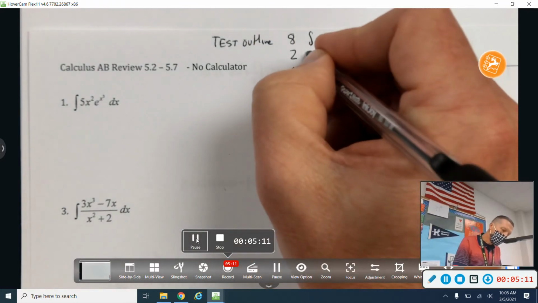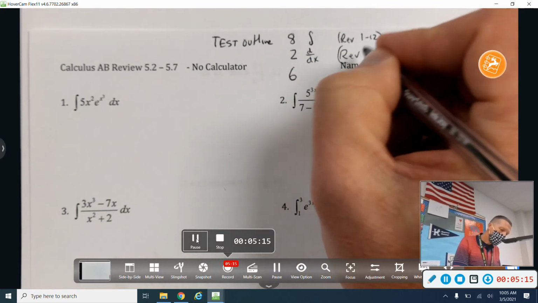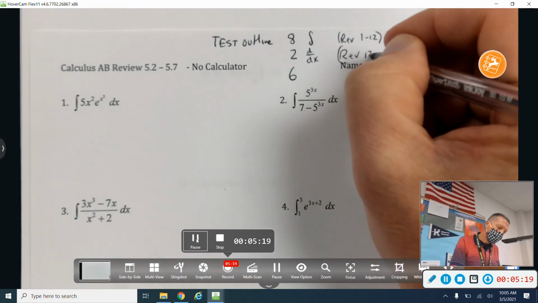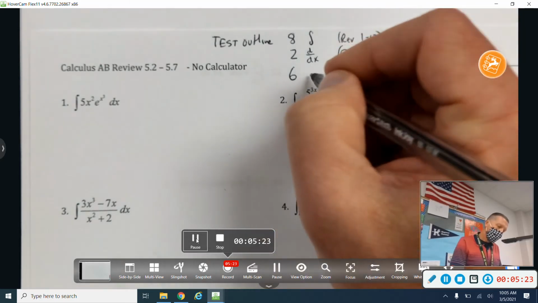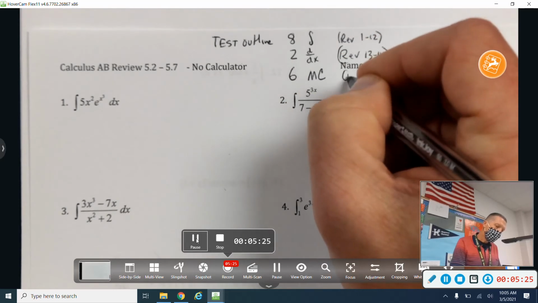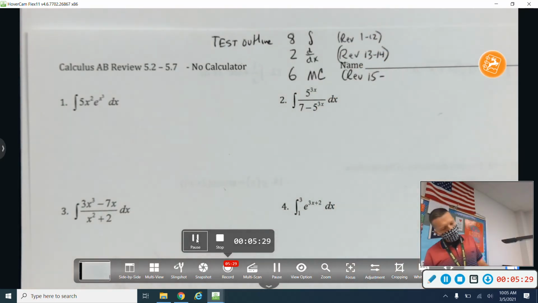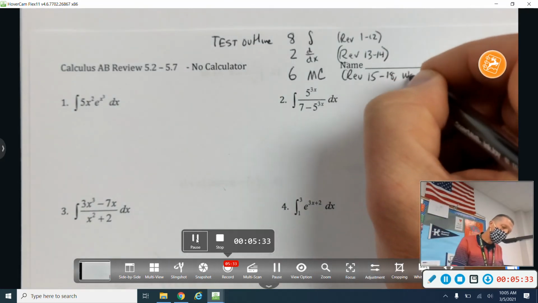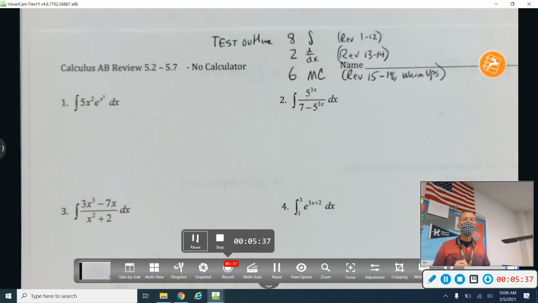Two find-the-derivative problems, suspiciously like 13 and 14 on the review. And then 6 multiple choice questions, which will be sort of like 15 through 18 on the review. And today's warm-up. Some of the warm-ups today were inspired from the multiple choice section.